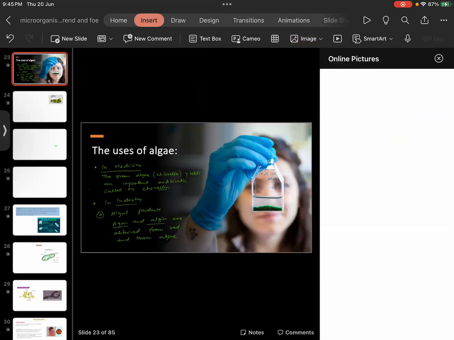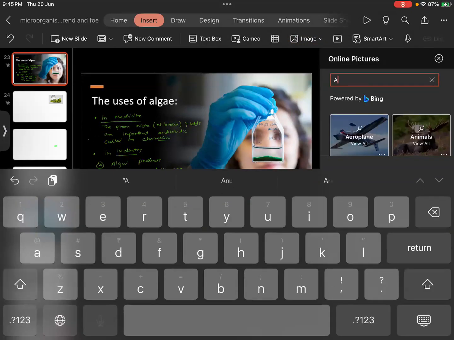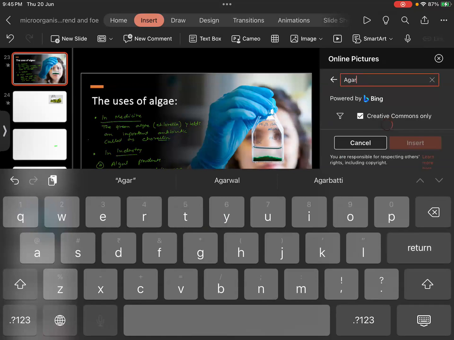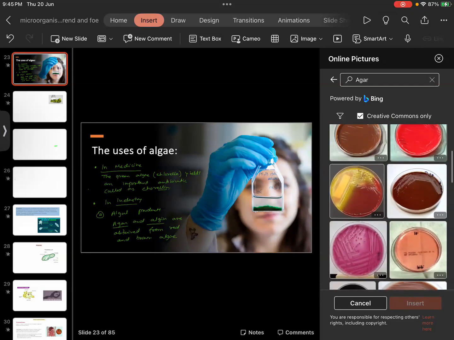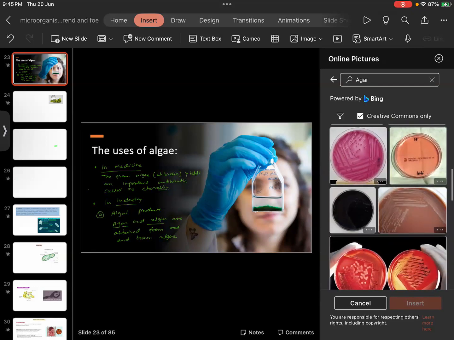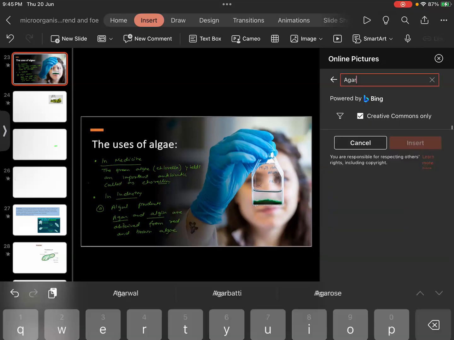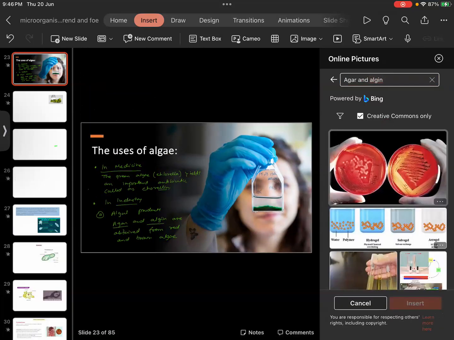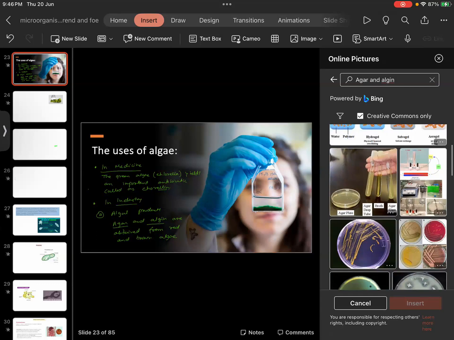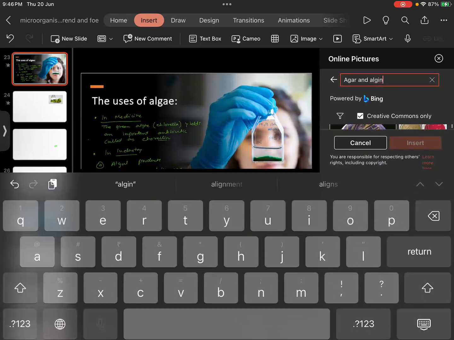Okay, now see, this is what I'm talking about. This is agar. It is obtained from red alga. Then you have algin also, agar and algin. Let me just search for algin only.